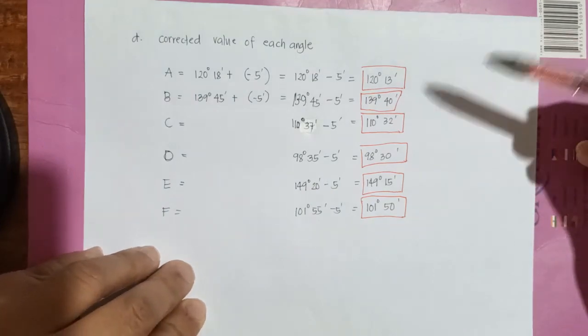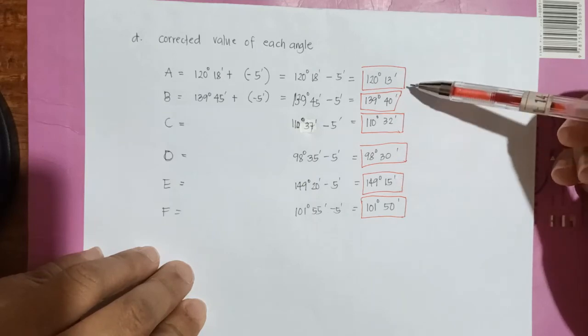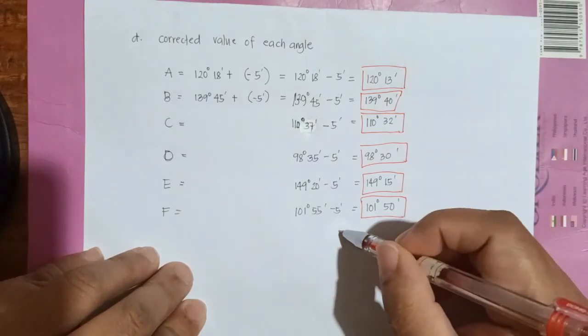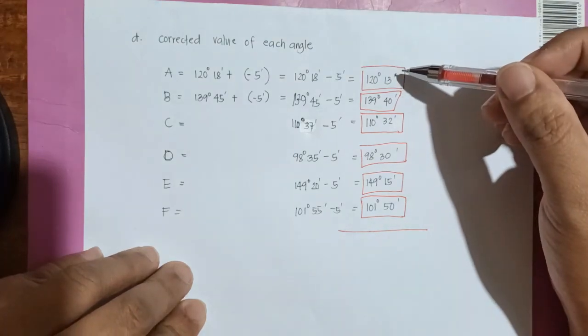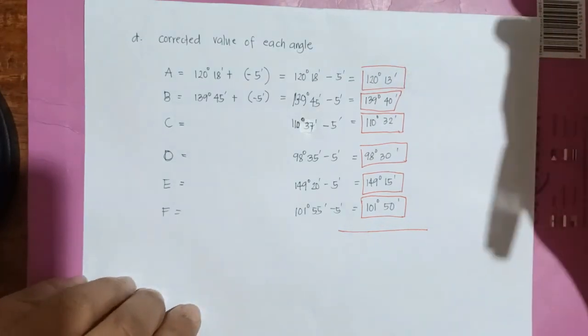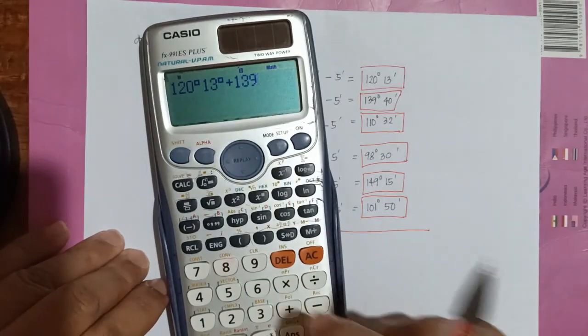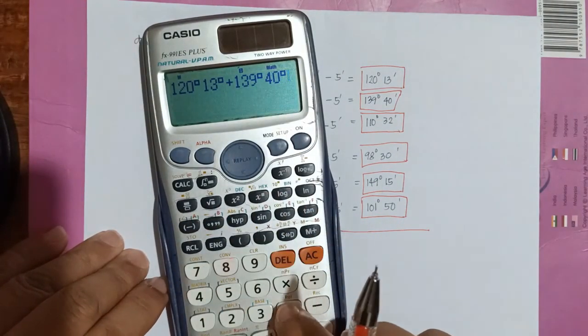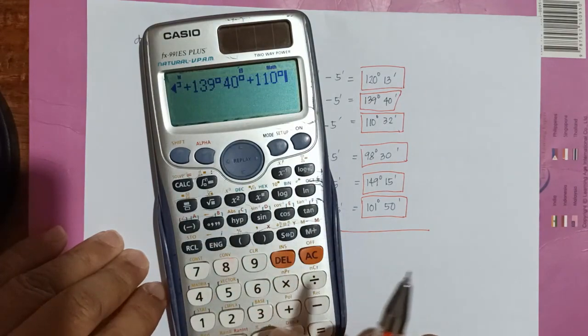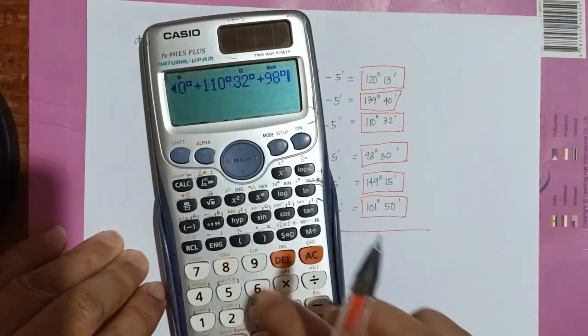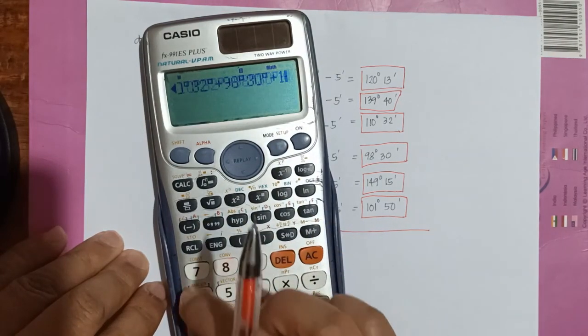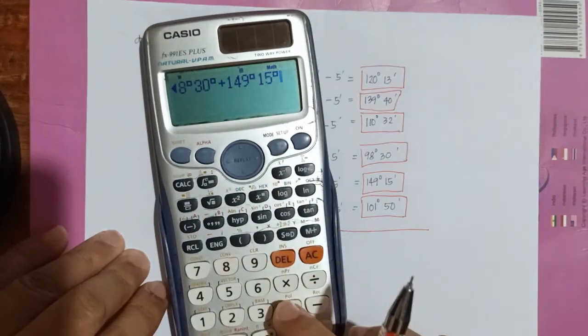To be sure that your solutions are correct, you have to add and check whether they sum up to 720 degrees. Use your calculator: 120 degrees, 13 minutes plus 139 degrees and 40 minutes plus 110 degrees, 32 minutes plus 98 degrees, 30 minutes plus 149 degrees, 15 minutes plus 101 degrees and 50 minutes.